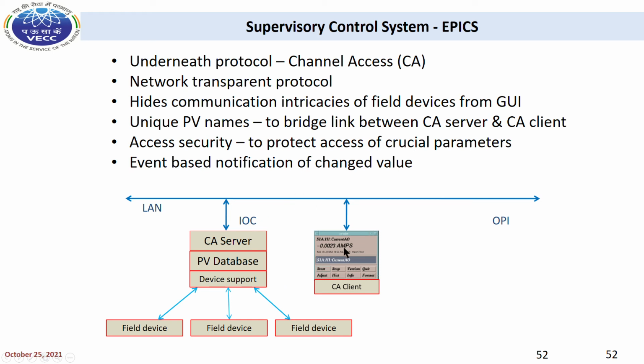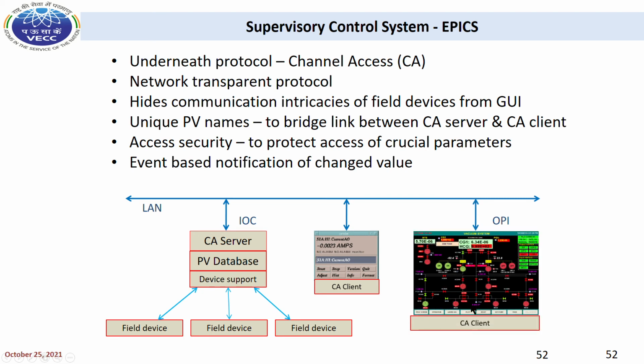So the client does the host discovery and establishes virtual connections. Establishing a connection is called registration. When a client is registered, it gets event notification. For all our GUIs of different subsystems, we have used VB components. These VB components are channel access compliant.